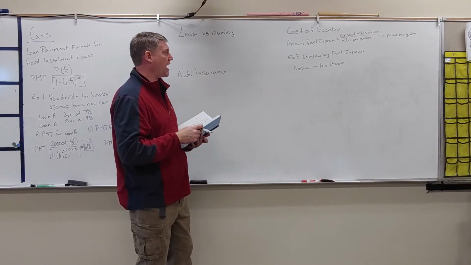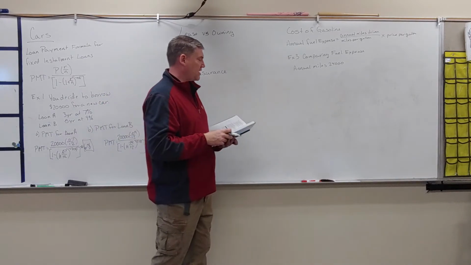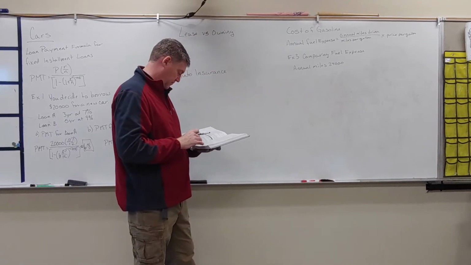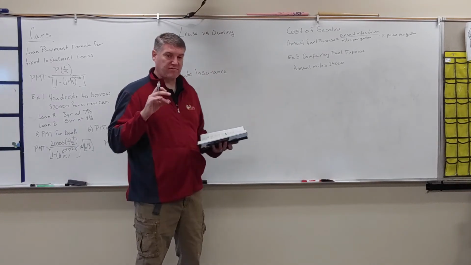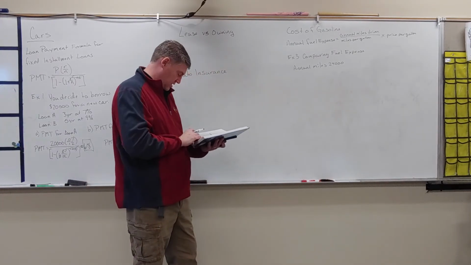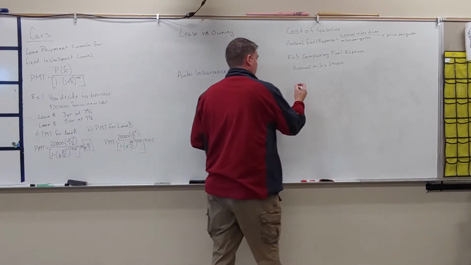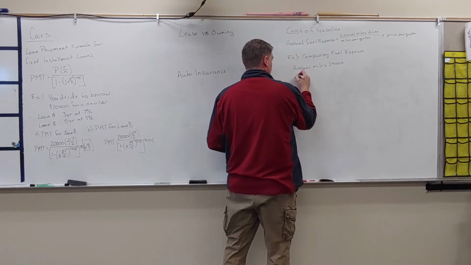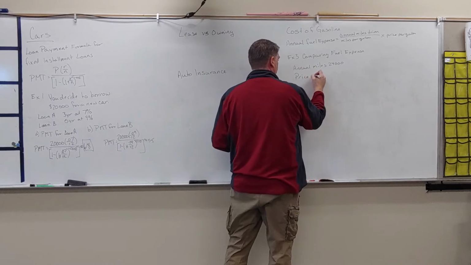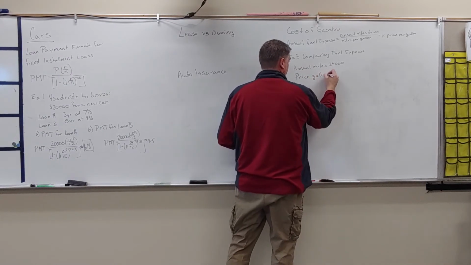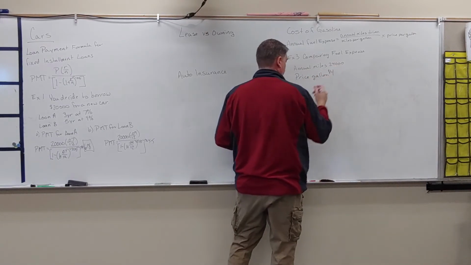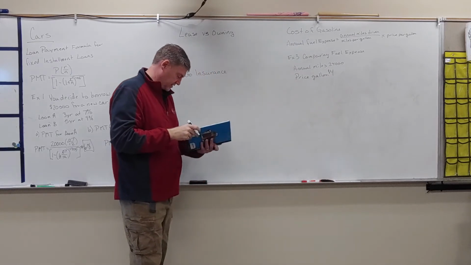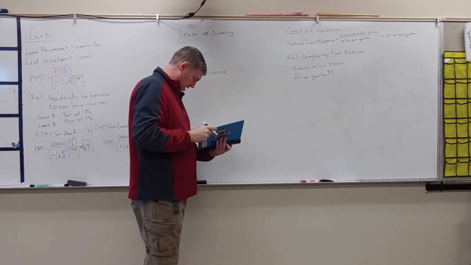You can probably get an average. So we're going to compare fuel costs here. We're going to say we're going to drive 24,000 miles per year, and the price per gallon is $4. Okay, so nice, expensive there.